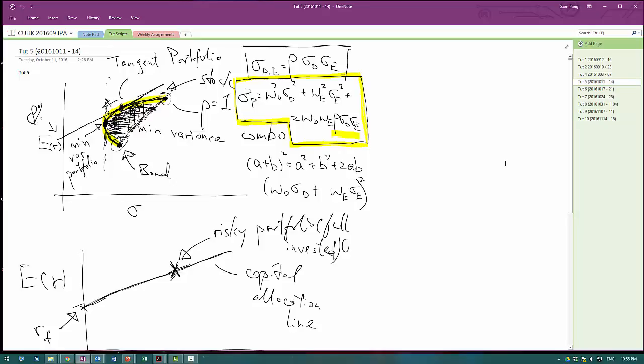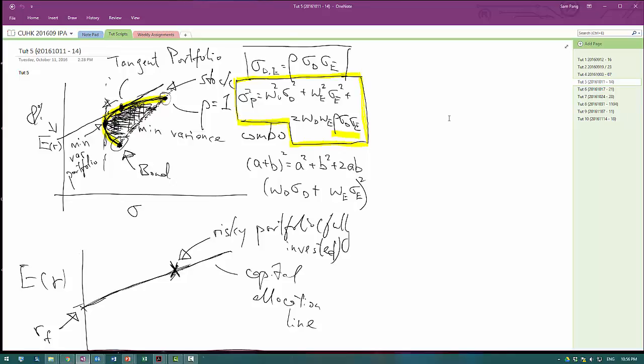Now, you might remember round about tutorial 5 when we started talking about diversification. If you had $100 and you can invest in two assets, A and B. Let's just say they have the same expected return, but they are not completely correlated, or they are poorly correlated, or maybe even negatively correlated.